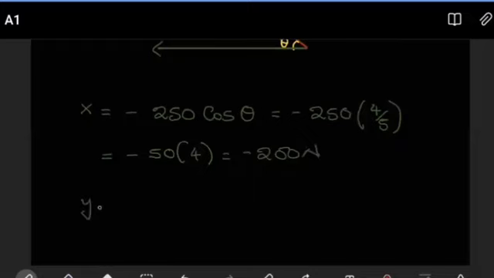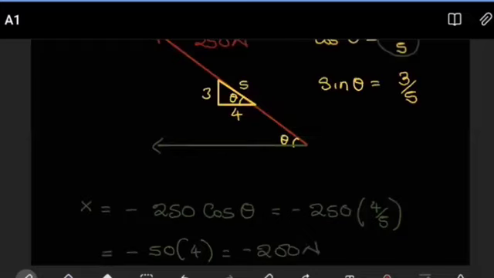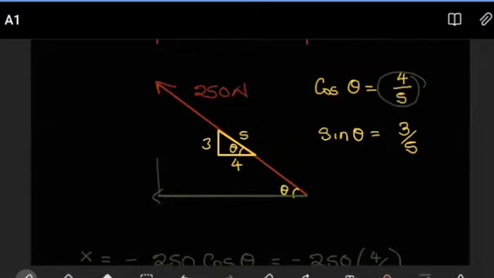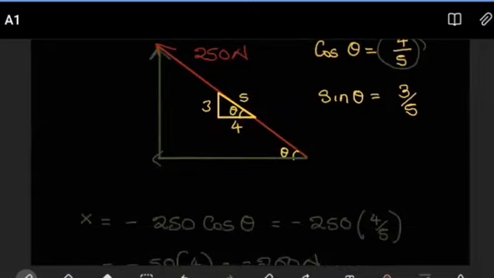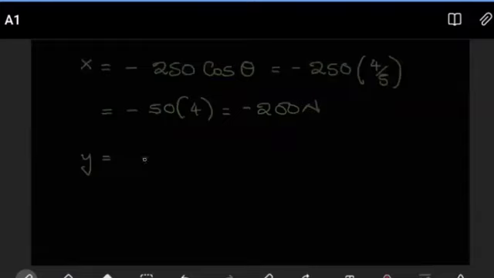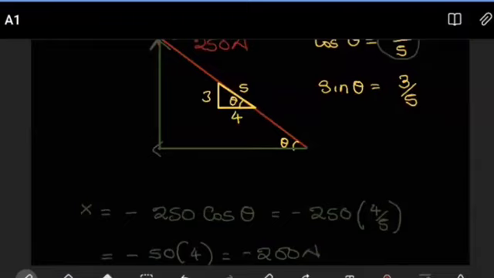In the same way, you can get y. Y points up, so it will be positive, and it will be 250 sine theta. Sine theta is 3 over 5.